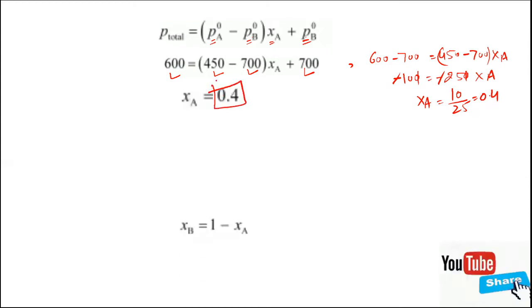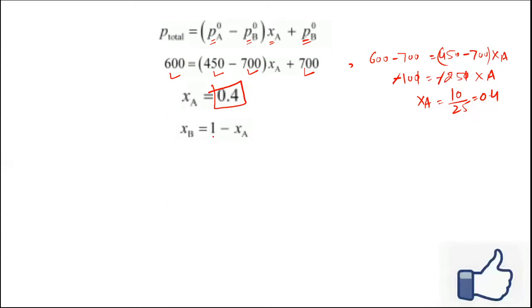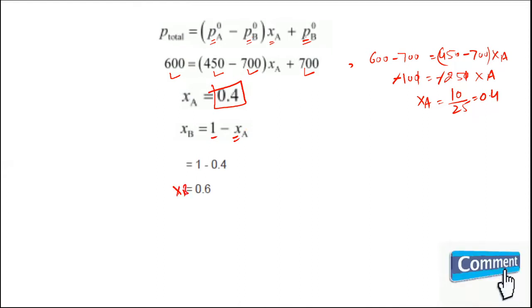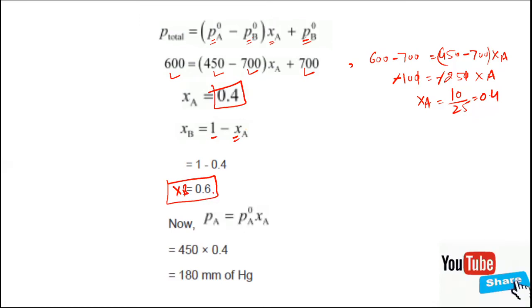Thus we know that mole fraction of B is equal to 1 minus mole fraction of A. Thus value of mole fraction B comes to be 0.6. Now we will calculate the pressure of component A, which is equal to the product of P naught A and mole fraction of A. P naught A is 450, mole fraction of A 0.4.